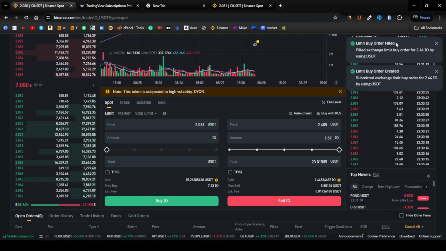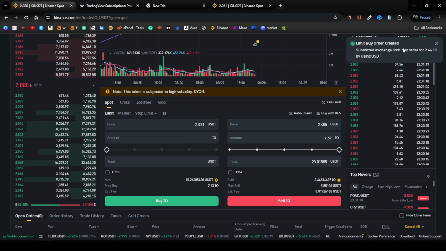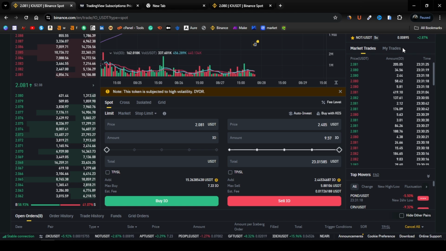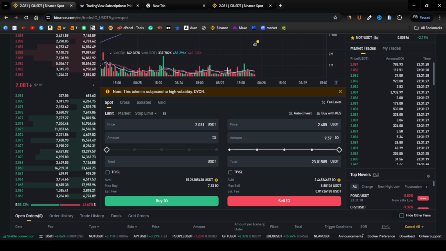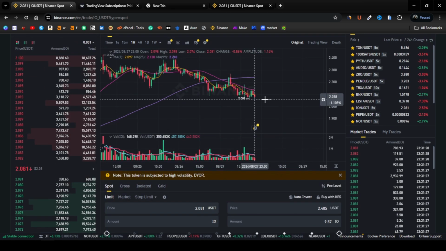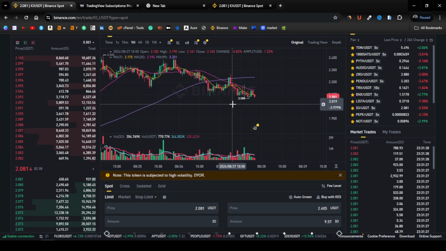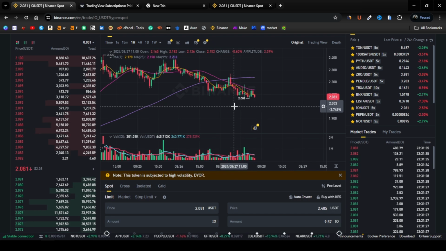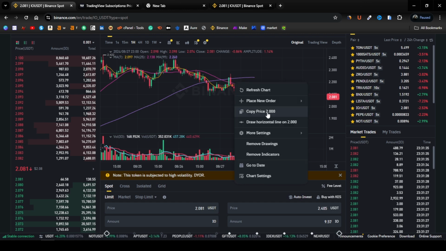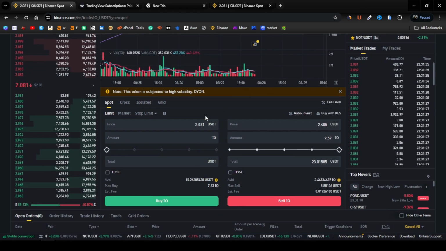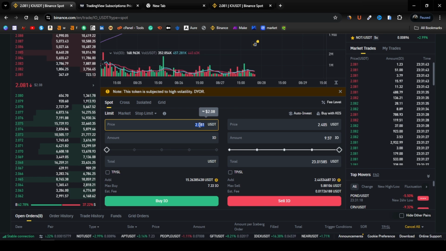Alright, so you can see this order has been filled automatically because there was a seller who was already selling at that price. Now, if I was to set the price at maybe 2, let's say 2, I'm going to copy the price here, and then come here and input this price.